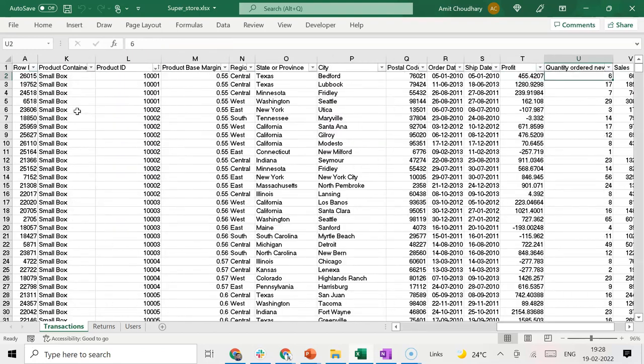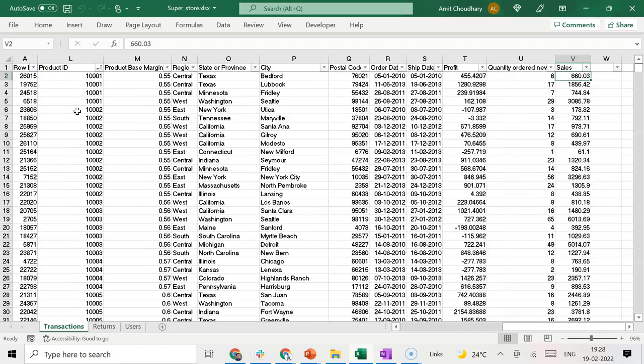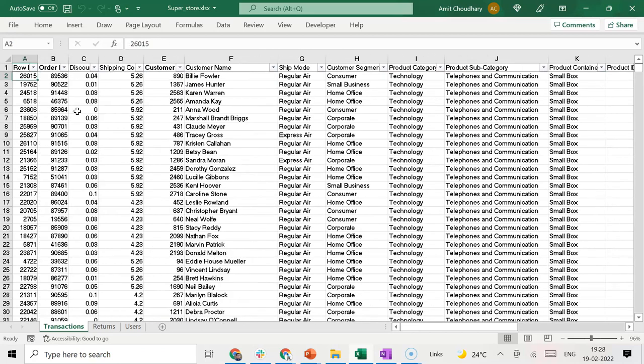So this is one transaction about an order which was purchased on 5th January 2010, 6 units purchased, $660.03 of purchase.